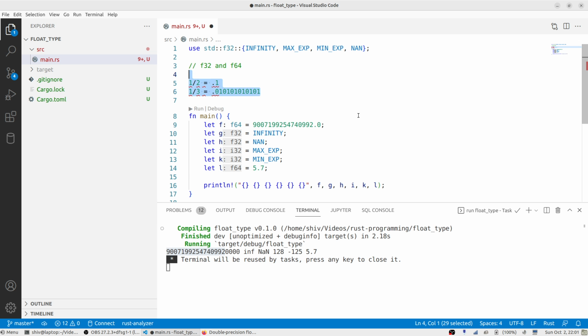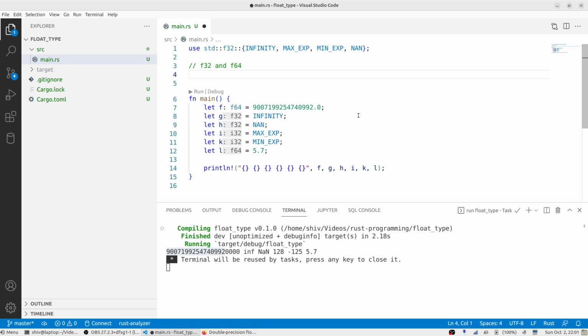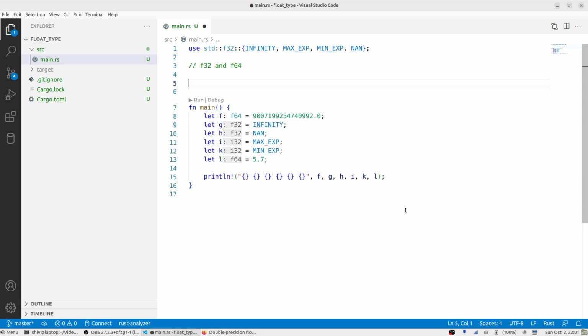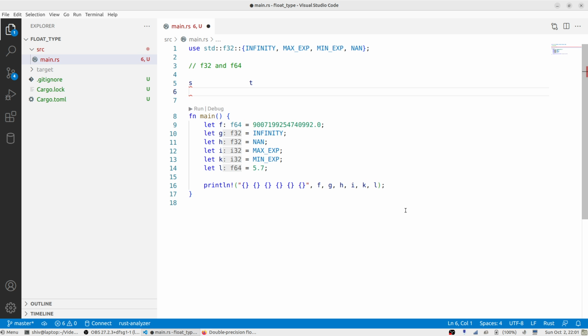Now there is a mathematical theorem which tells which numbers will terminate from a source number system to a target number system. Consider our source number system has base S and target number system has base T. Suppose the prime factors of the source base are S1, S2 up to Sm, and the target has prime factors T1, T2 up to Tn.